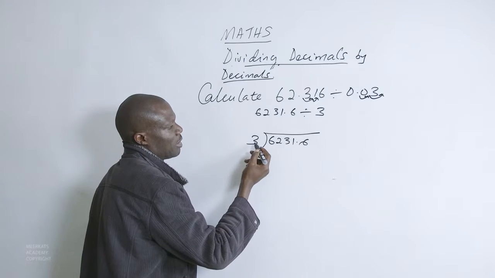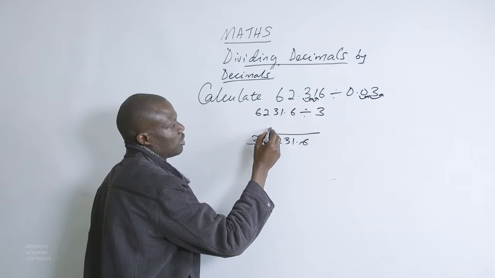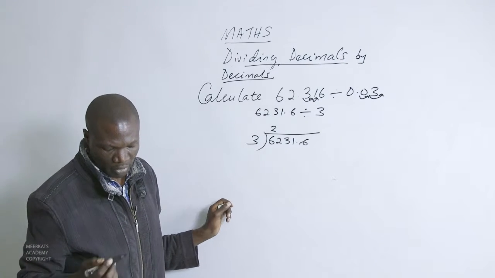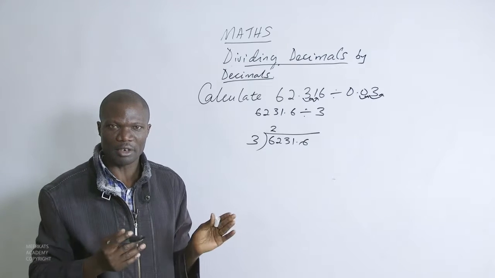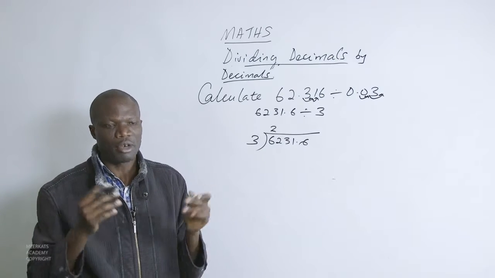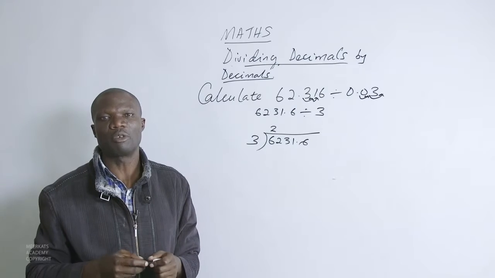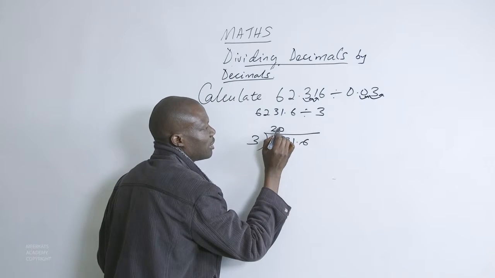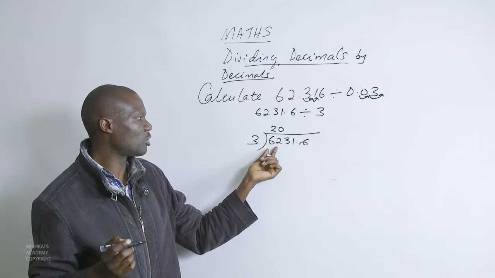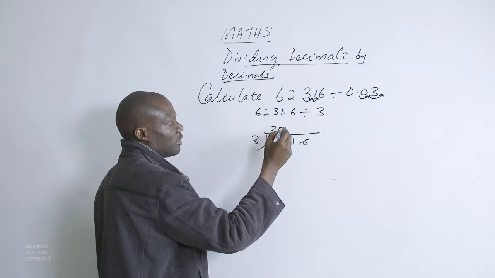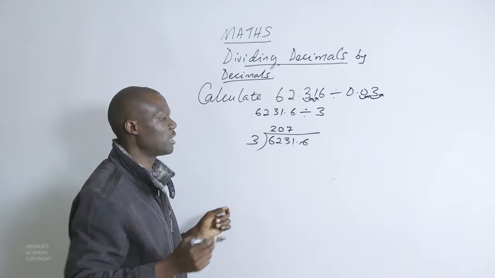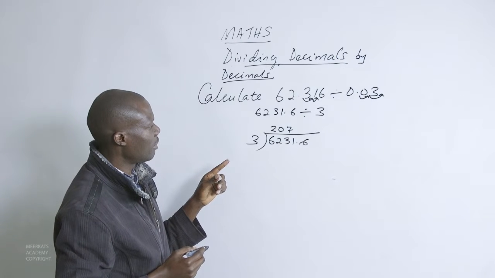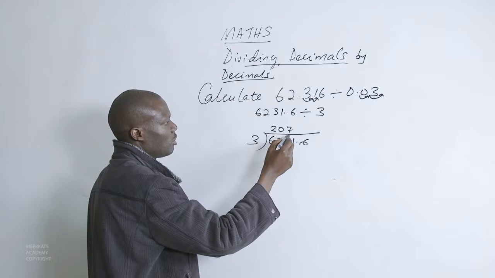6 by 3 is 2. 2 into 3, now, there we said earlier on, just a few minutes ago, that when a number does not go into a divisor, we put a 0. So 2 cannot go into 3, so we put a 0. We bring in 3, so 23 into 3, it goes 7 times, and what remains is 2.